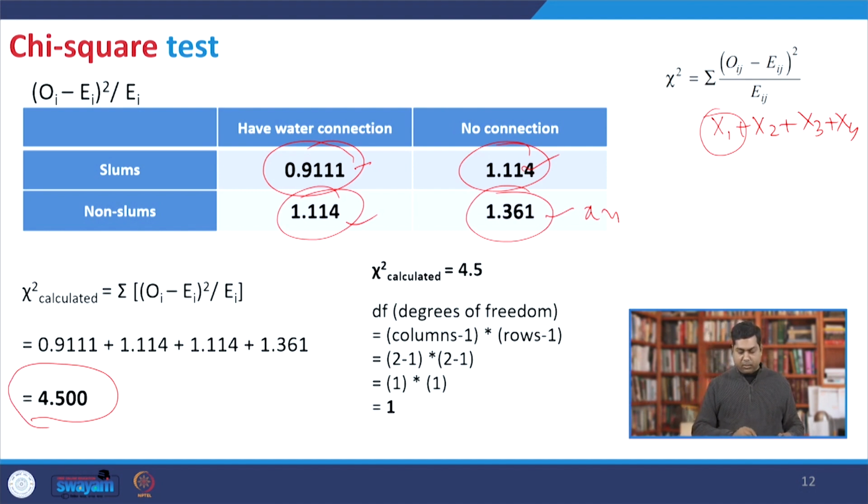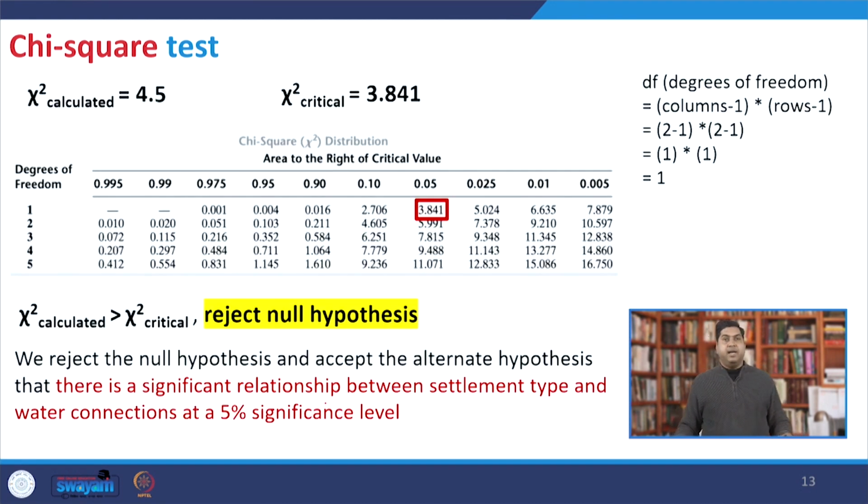Done. Up to that it is all okay. Now we have to calculate the degree of freedom and check the corresponding critical value from the chi-square table. The degree of freedom is normally calculated as column minus 1 multiplied by row minus 1. Here we have 2 columns and 2 rows, so 2 minus 1 into 2 minus 1, which is 1. The next task is to find, from the chi-square table, which you can easily download, the value at degree of freedom 1.